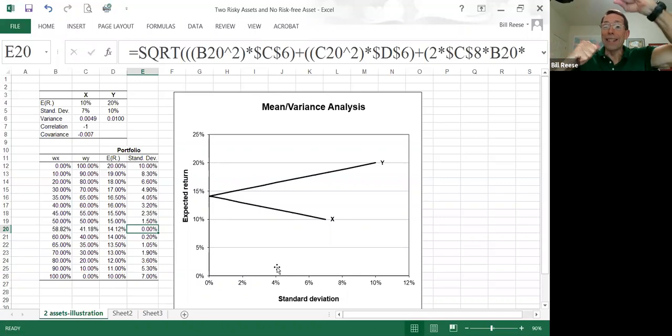So they moved exactly opposite each other, the house and the homeowner's insurance policy. So if you own them both as a portfolio, now you have a zero risk portfolio where either the house is worth $100,000 or the insurance policy is worth $100,000. Okay. If the house doesn't burn down, it's worth $100,000. If it does burn down, the insurance policy is worth $100,000, so that you have zero risk. You're going to have $100,000 each way.